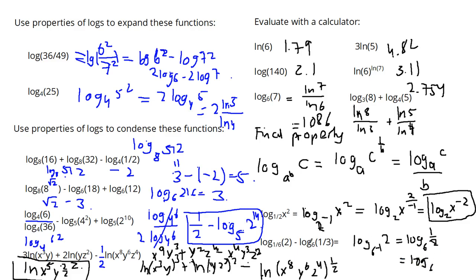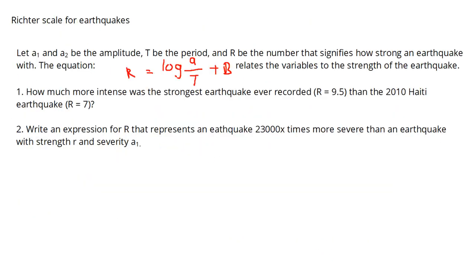Log base 6 of 1/2 minus log base 6 of 1/3 is log base 6 of 1/2 over 1/3, which is just equal to log base 6 of 3/2. I was planning for it to be 1/6, but I guess it just doesn't have to work that way. It's supposed to be a plus.